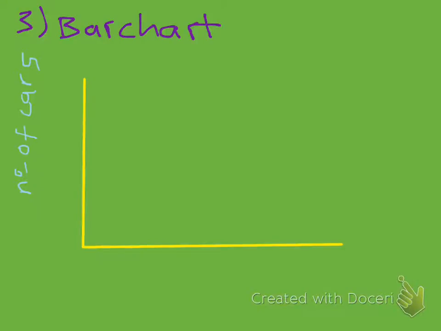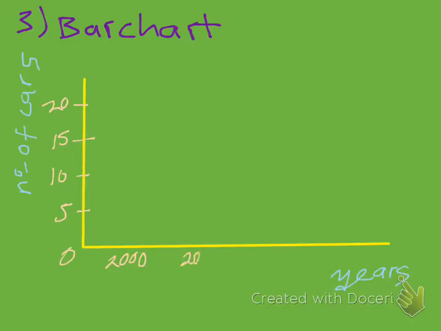We put here, for example, the number of cars, from 5, 10, 15 up to 20 cars, and the x-axis represents years. The bar chart consists of bars of equal width, but whose length is proportional to the quantity represented in the data. The example here deals with the number of cars and the years: 2000, 2002, 2004, 2008.